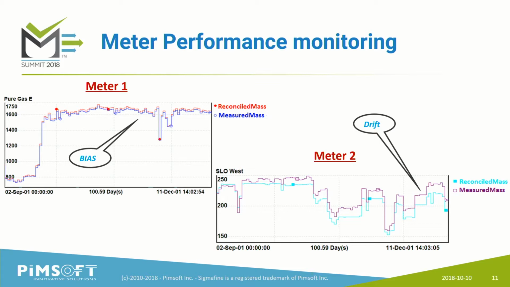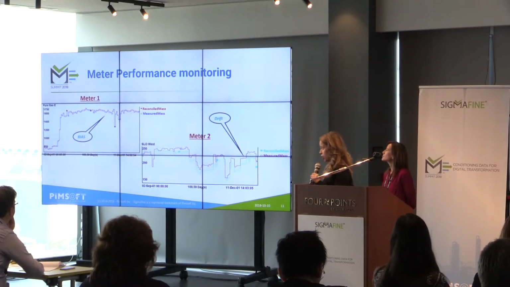In this case, we can track the performance of the meter. For these two PI ProcessBook trends, we are reading the reconciled mass and measured mass versus time, and we have here about 3 months of daily reconciliation cases.